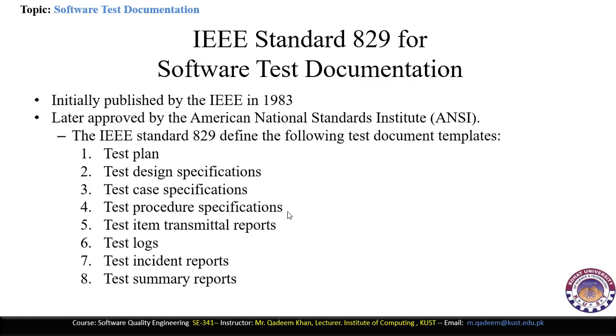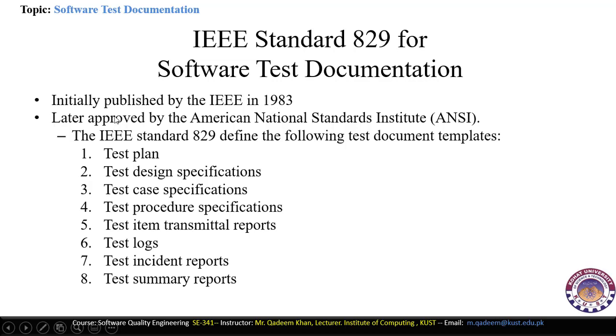IEEE has standard documentation. Basically, IEEE is a publisher, the Institute of Electrical and Electronics Engineers. IEEE has defined the standard 829 documentation for software testing, and it was initially published by the IEEE in 1983.